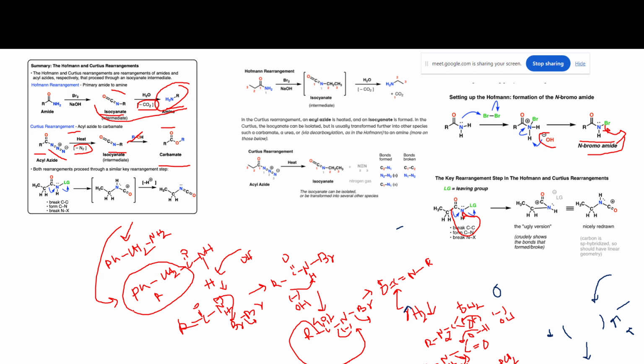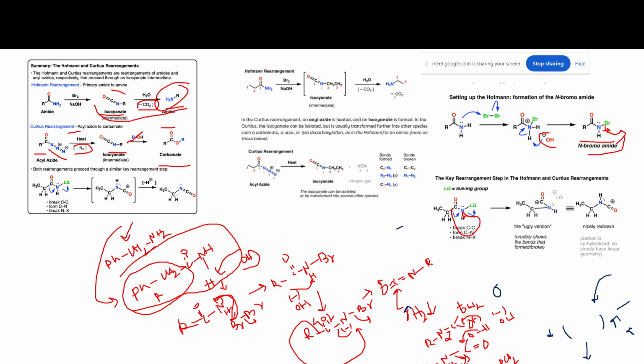Like this, you have some CONH2 amide group, where if you add that base OH minus, it will take one proton and you will become RCONH and Br bromide. Now the NH minus acts as a nucleophile and attacks the bromide, and you are forming N-bromo amide.